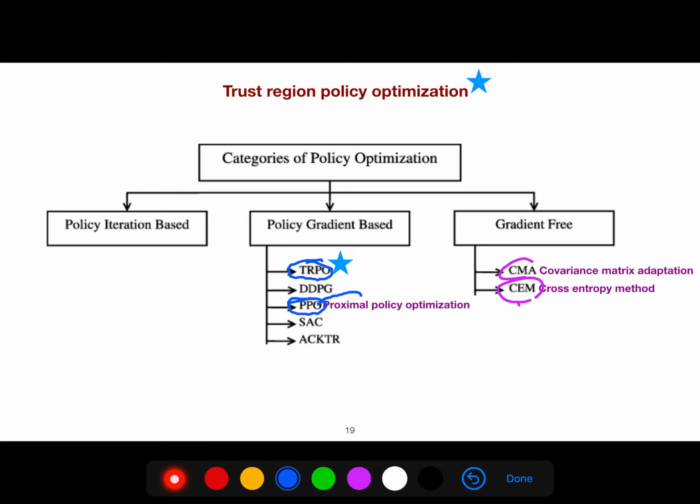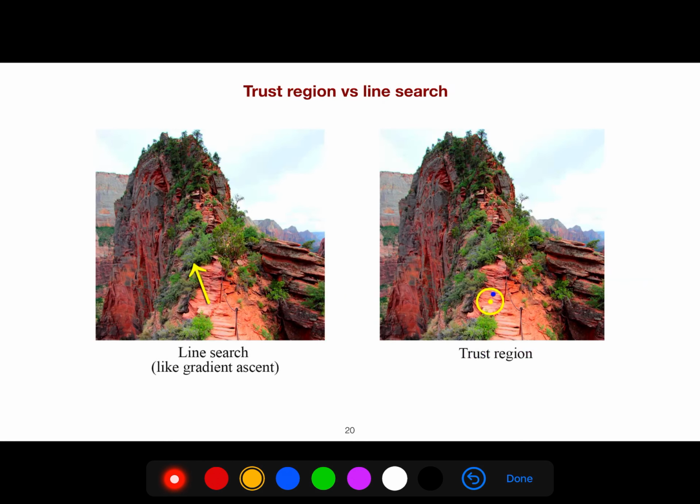Of course, you should watch my proximal optimization video in my optimization playlist on my YouTube channel, where I talk about different optimization methods. One of them is the proximal approach and the proximal operator. And this article uses these ideas for reinforcement learning. So let's talk about trust region policy optimization.